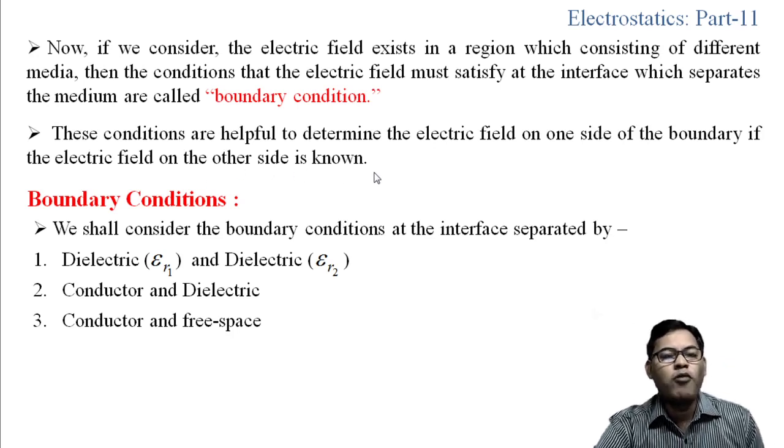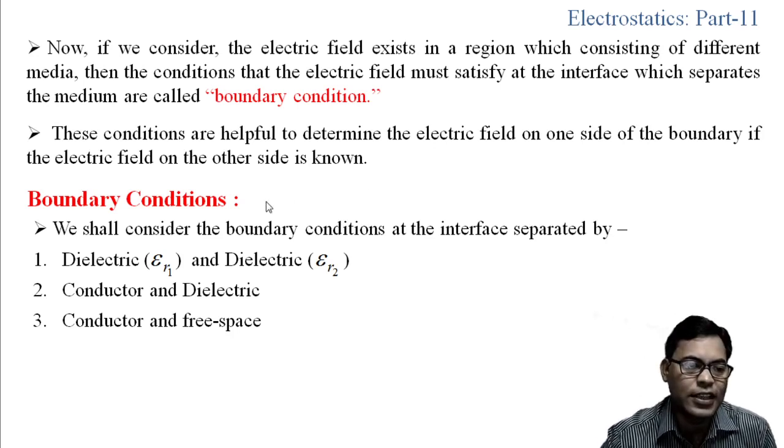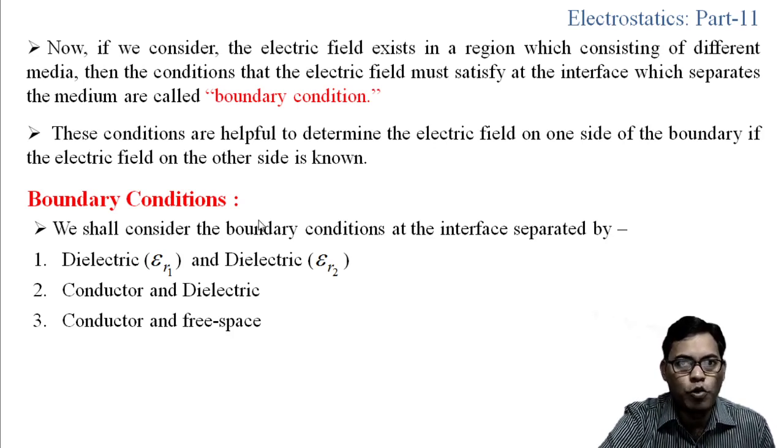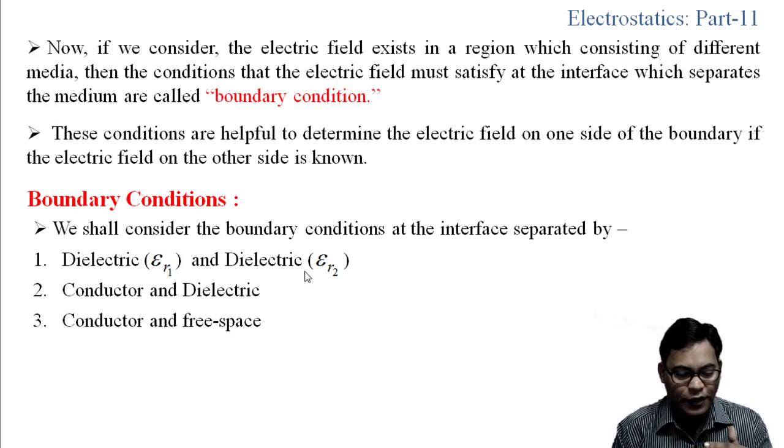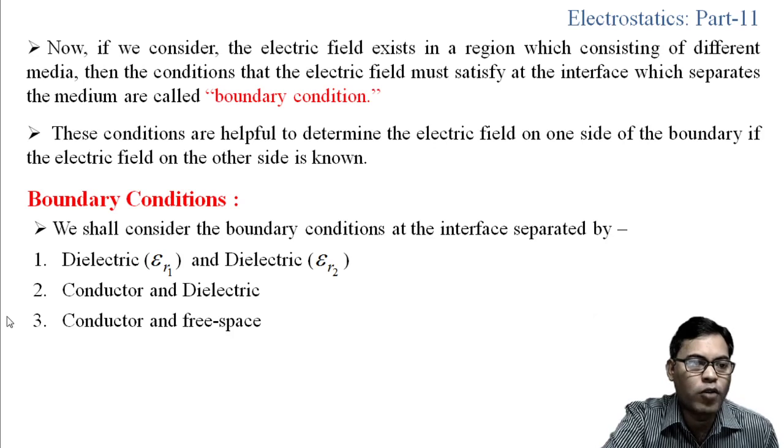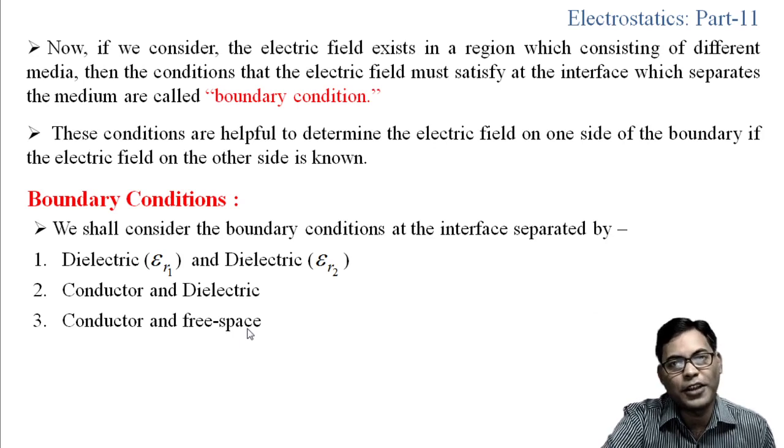The boundary conditions we are going to consider are three cases. First, two media, dielectric medium 1 and dielectric medium 2, connected, with the electrostatic field propagating from one dielectric medium to the other. Second, the boundary conditions for a conductor and a dielectric medium. Third, the conductor and free space.